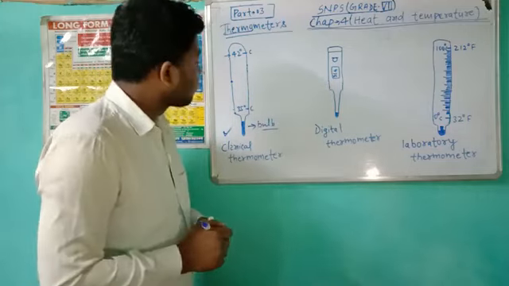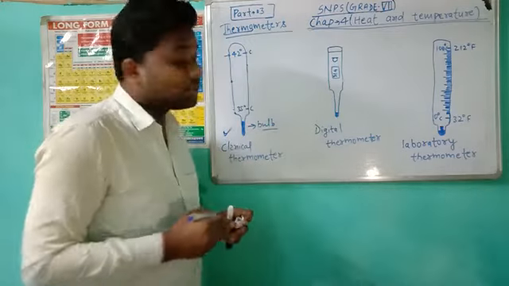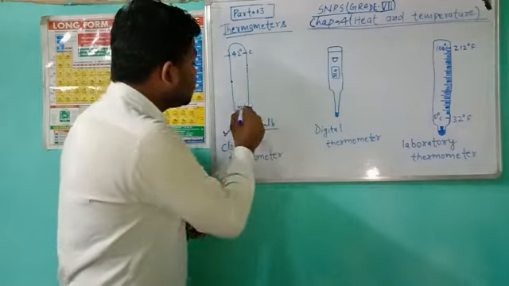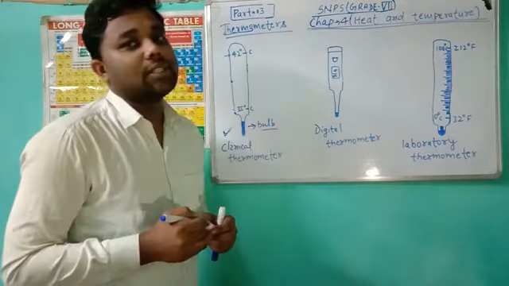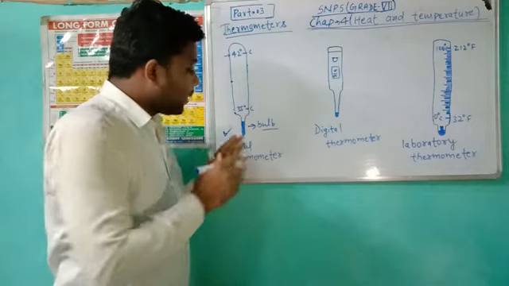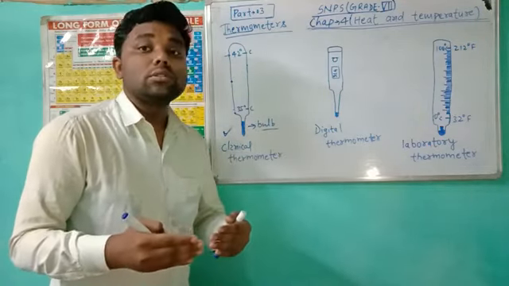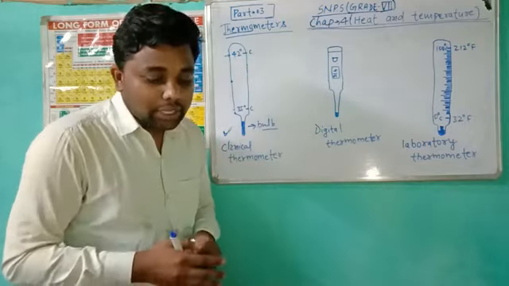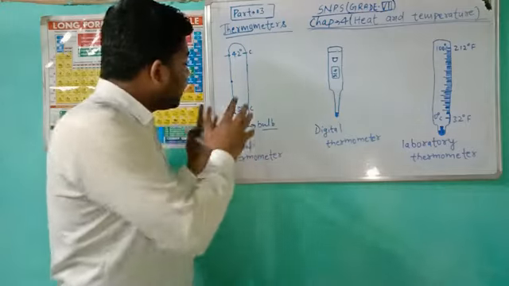This thermometer measures a minimum temperature of 35 degrees Celsius and a highest of 42 degrees Celsius, because the clinical thermometer is usually used for the measurement of human body temperature.